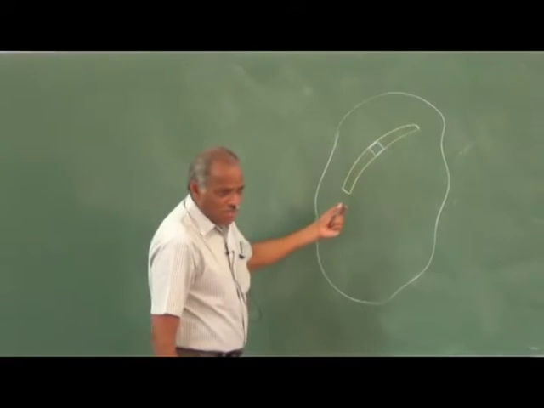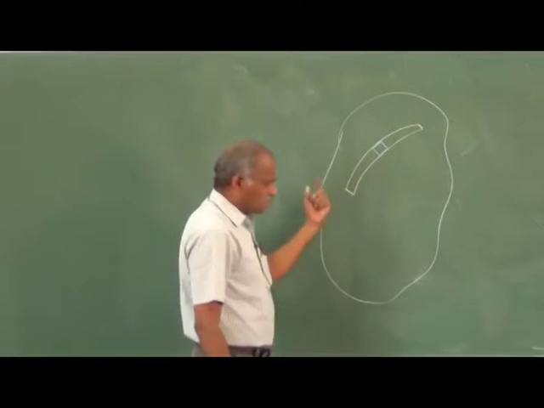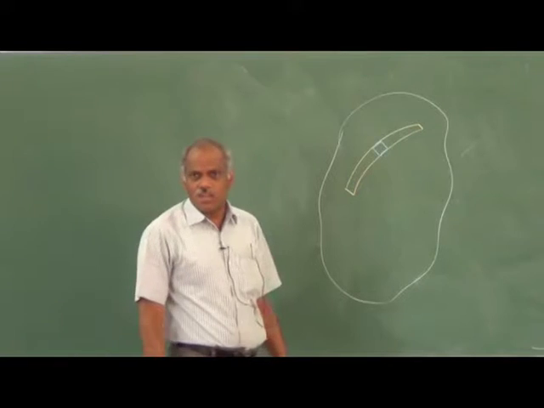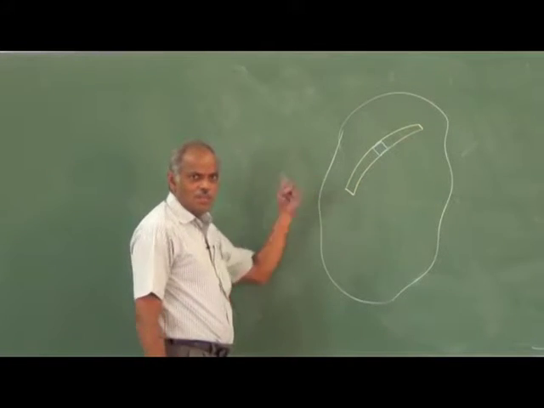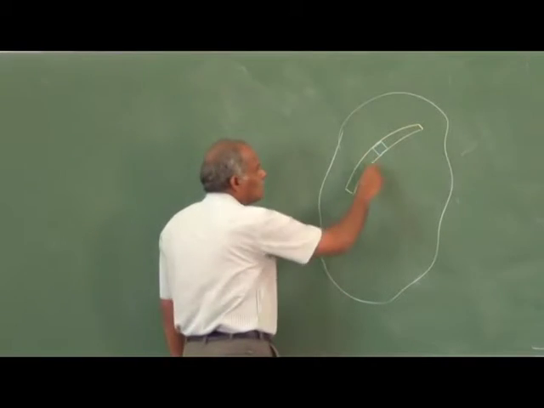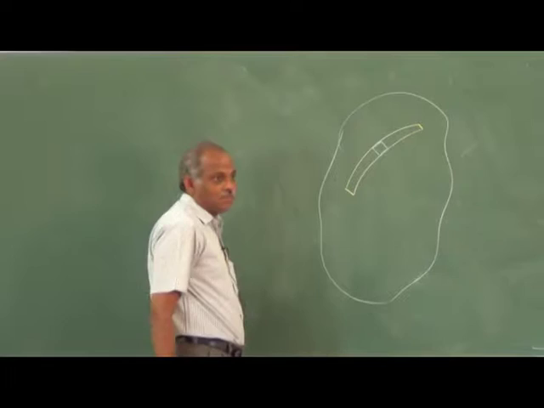Earlier you remember we have taken a slot which is straight. There is no necessity that the slot need to be a straight one. It can be curved, can be arbitrarily curved, no problem. So there is a slider which is moving in a curved slot in a rigid body.